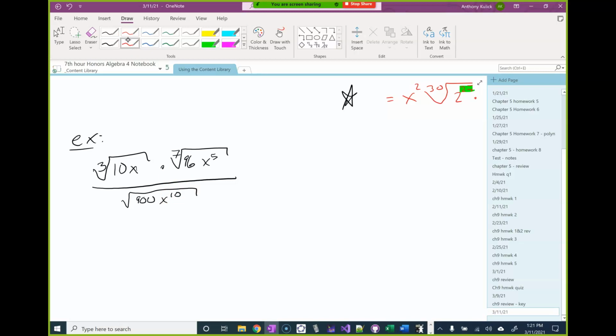All right, let's try this. So let's say we have the cube root of 10x times the 7th root of 96x to the 5th divided by the square root of 900x to the 10th.